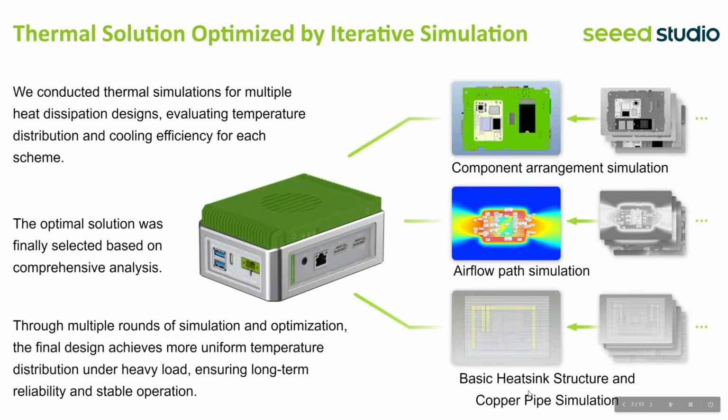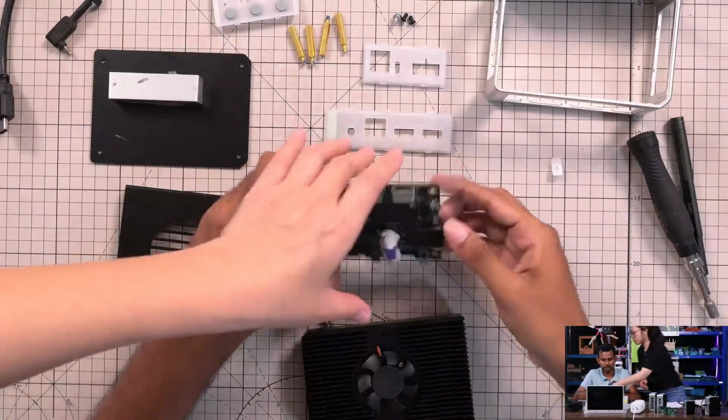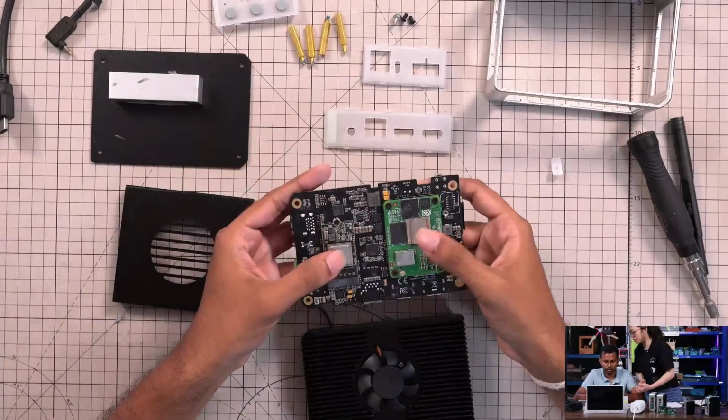Key advantages I need to mention first: as you already mentioned, this is Coca-Cola size. This kind of solution is important because we need to efficiently manage components. The CM5 and the Hailo are the main heat sources, the main heat generators.